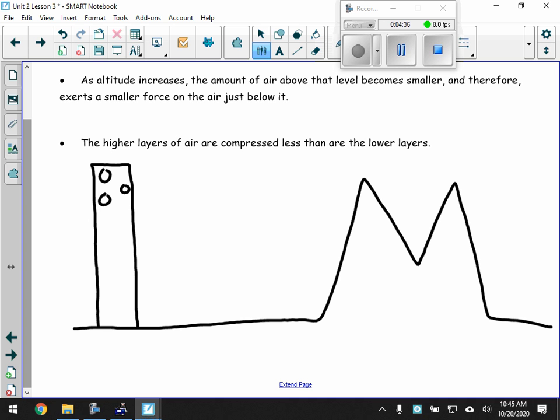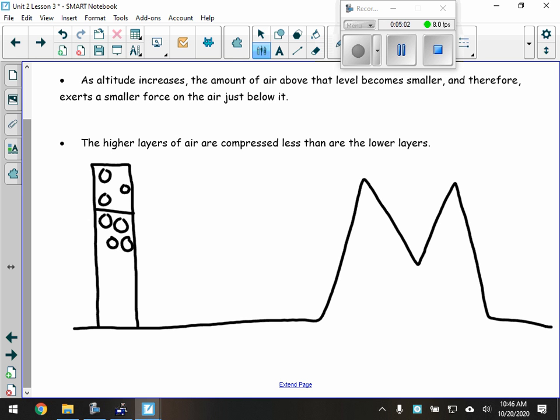But if you pretend there's an imaginary layer here, these three gases exert a pressure, because of gravity, everything's being sucked down. Those three gases exert a pressure on the gases below these ones. So these ones put a little bit of pressure on these ones.